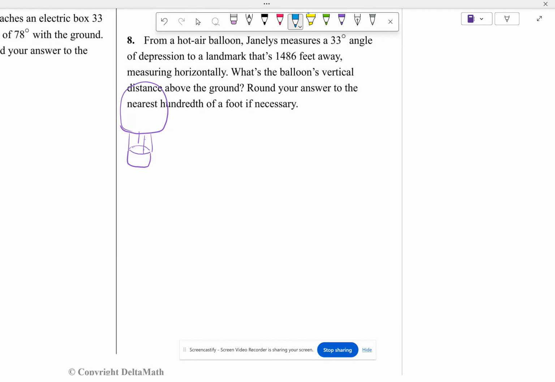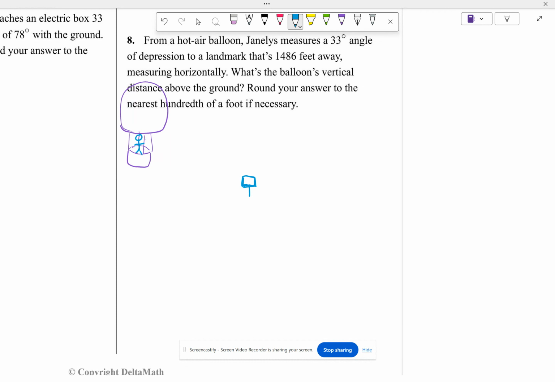And there is a person in the balloon. From a hot air balloon, Janelys, maybe, measures a 33-degree angle of depression to a landmark that's 1,486 feet away. Some landmark. I don't know what that landmark is, y'all. I'm going to make it a sign because I don't want to draw something too elaborate. Look, there's a landmark over there.